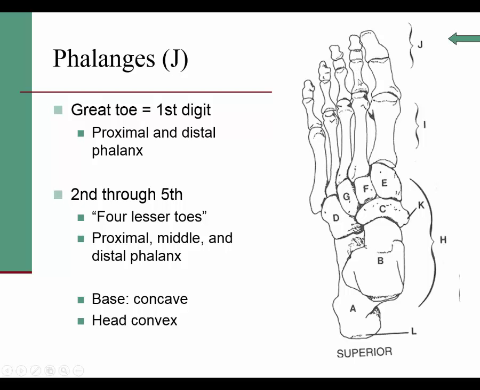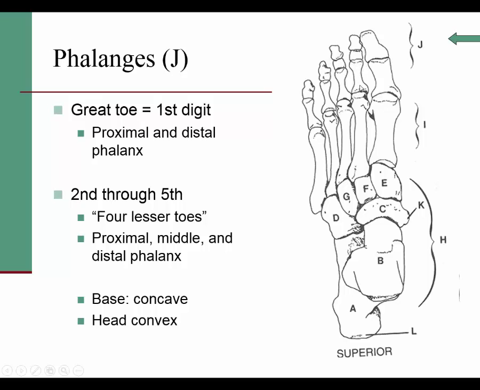So your great toe only has 2 sections, and second through fifth have 3. And then the base, again, of these is concave, and the head is considered convex.